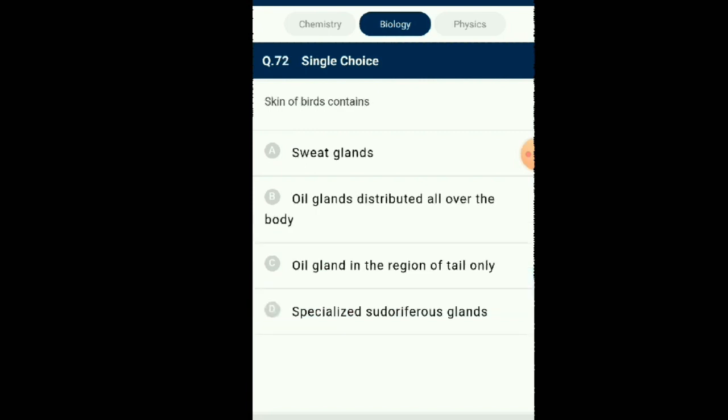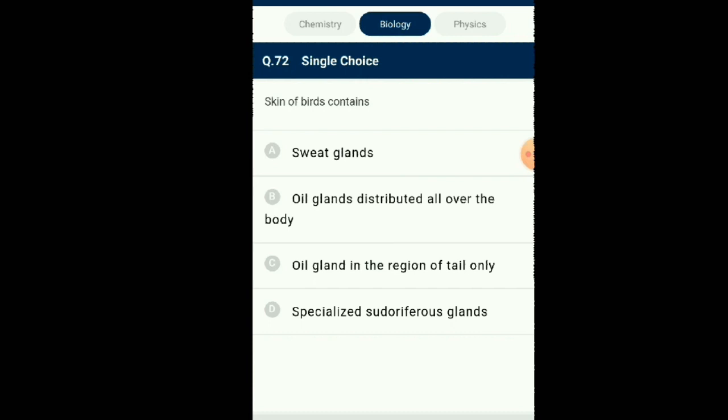Question number 72. The skin of birds. Some of the general characteristics of Aves: they are genuinely flying vertebrates, feathered bipeds, wings are modified forelimbs, they have a streamlined body and possess a beak. Modified hind limbs are present, which generally have scales.